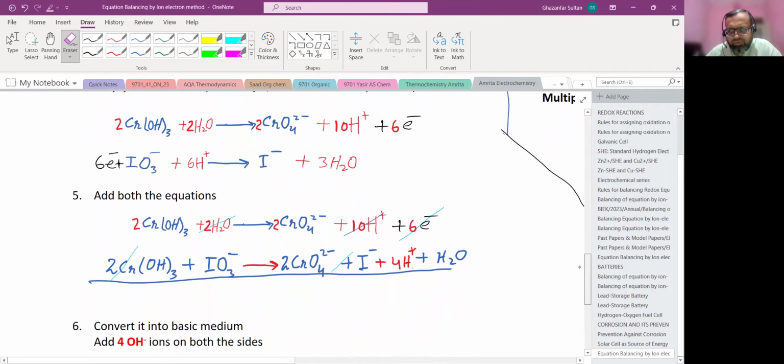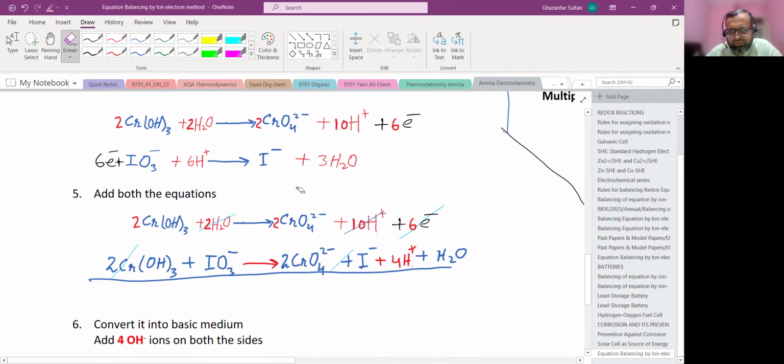After balancing electrons, we will add both of the equations. So first rewrite the equations in the next step. It is better for you. And then cancel out the electrons. 6 electrons are here, so we have cancelled out these electrons. And there were also 6 electrons.